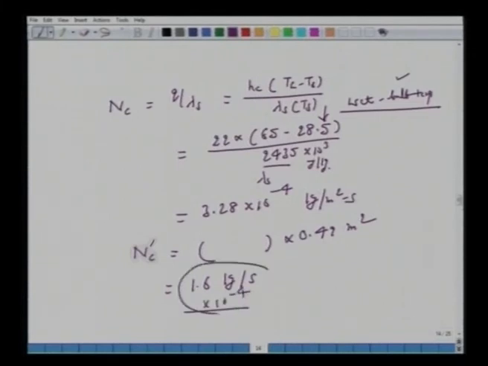So the rate of drying has decreased because the surface temperature has decreased. So this is one way to make an estimate for Nc when we assume that the surface temperature has reached the wet bulb temperature. Otherwise one has to do the comprehensive calculations for Hr and Hc.